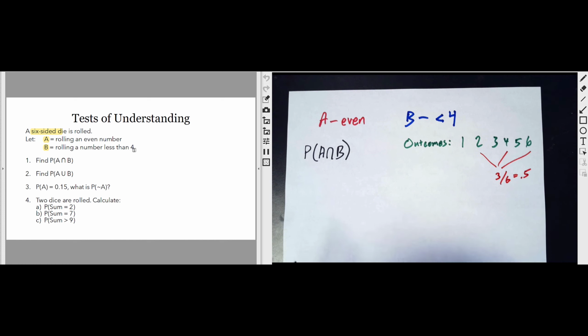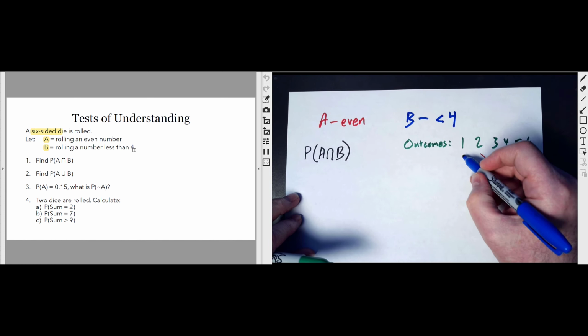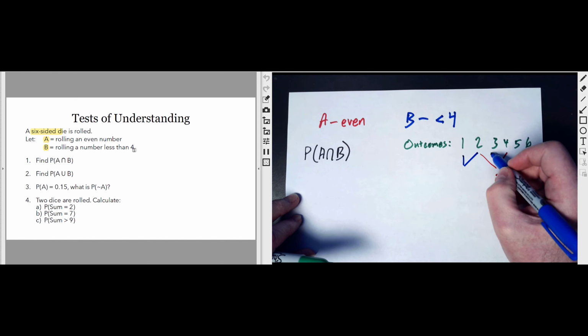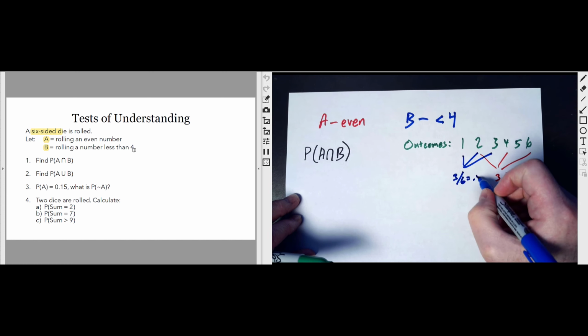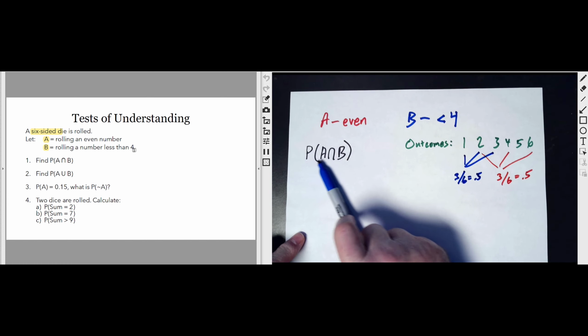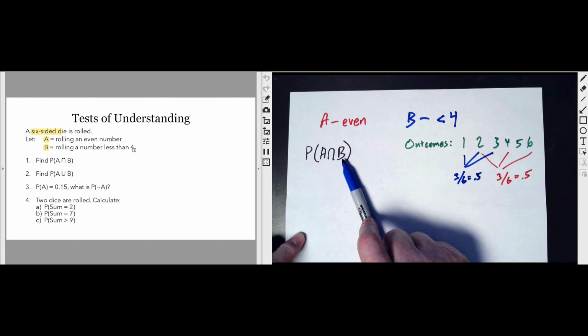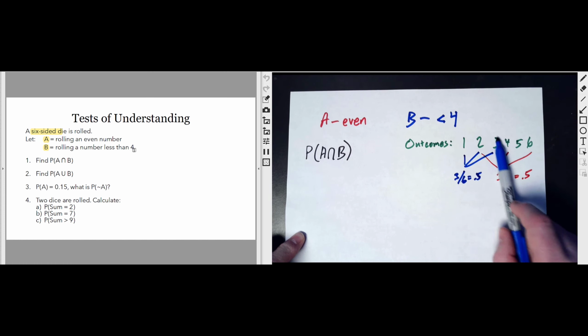The probability of getting less than 4, well, that would be a 1 or a 2 or a 3. So the probability of that is also 3 out of 6, is 0.5. But what we're asked is, what is the probability of A and B both occurring? Well, in this case, B only consists of these outcomes 1, 2, 3.